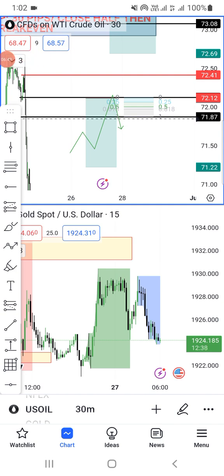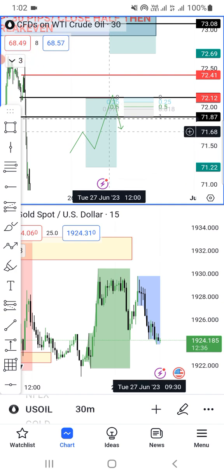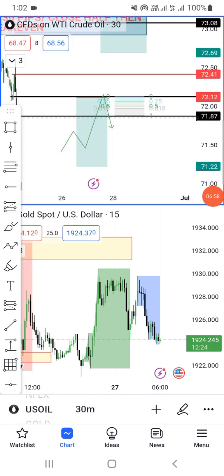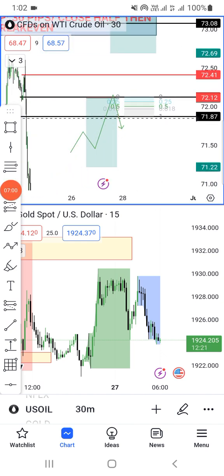So if I give you this limit, put your limits, but also put alerts. It will be really helpful for you, because once price reaches this area, I will get to know that my trade is going to trigger.